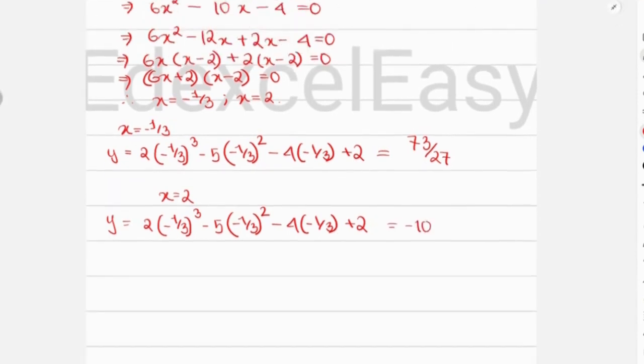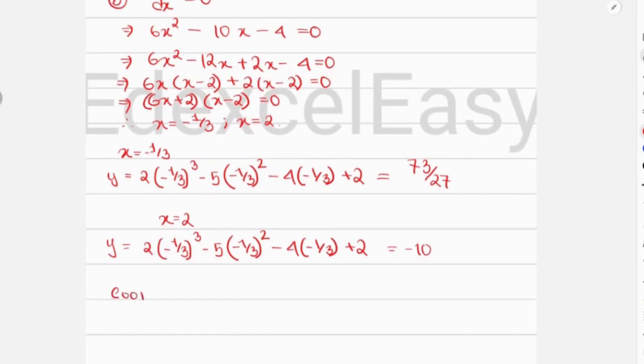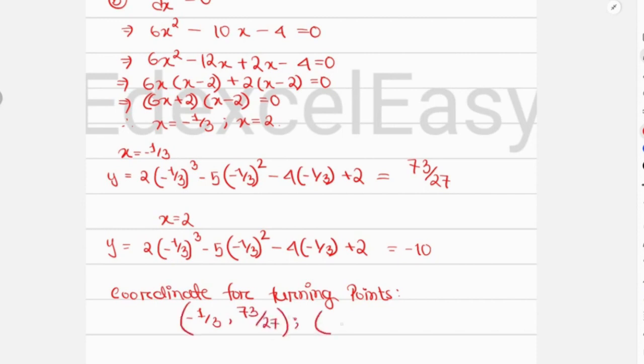Right, so the coordinates for the turning points are, first one is minus 1 over 3 and 73 over 27, and the second one is 2 with minus 10.